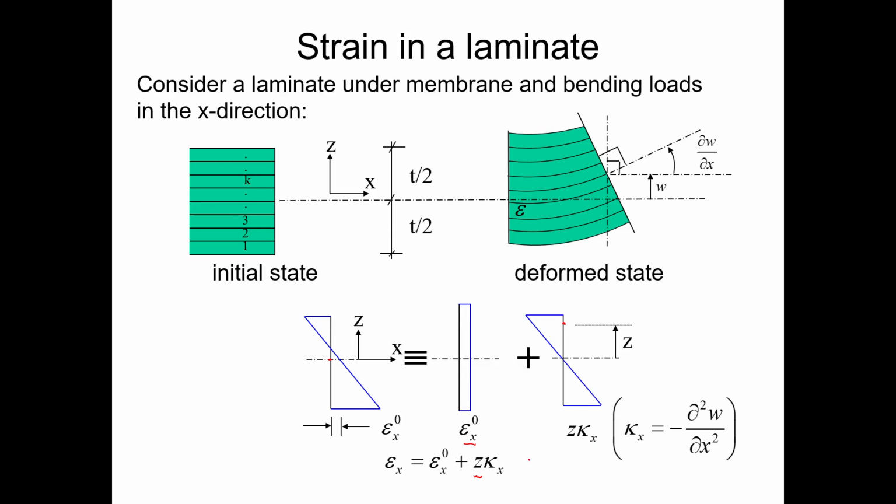And the kappa x is basically the curvature. It's a double derivative of your vertical displacement. Right, that's essentially the simple form for your equation.